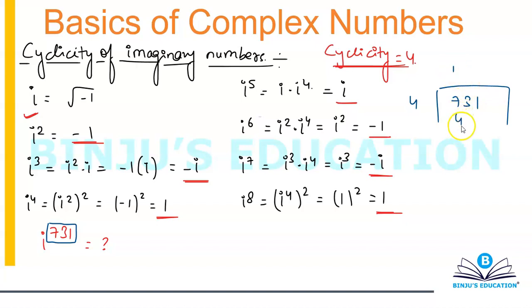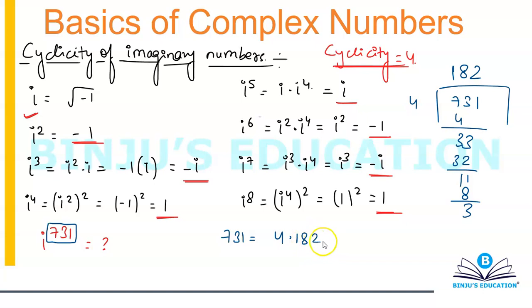So 1, you'll get 4, 33, you're going to get 8, you're going to have 32, then 11, then 28, and you will be left with 3. So the bottom line is 731 can be written as 4 into 182 plus 3.